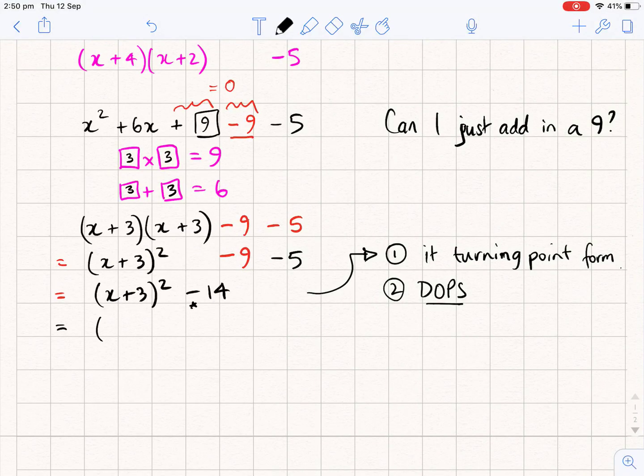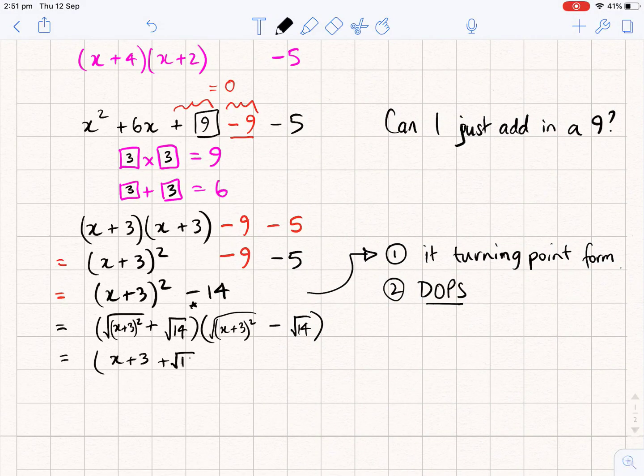The way I factorise difference of perfect squares, if you've forgotten, is I have two brackets, one with a plus, one with a minus. I take the square root of each part to put into the equation, and then simplify that down. I get x plus 3 plus root 14 and x plus 3 minus the square root of 14.